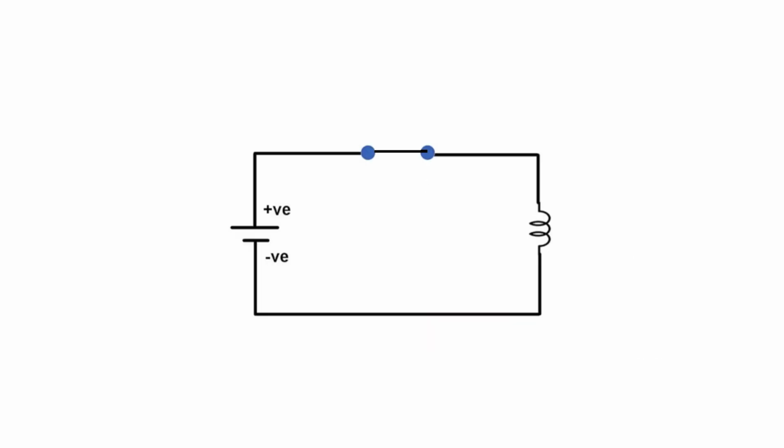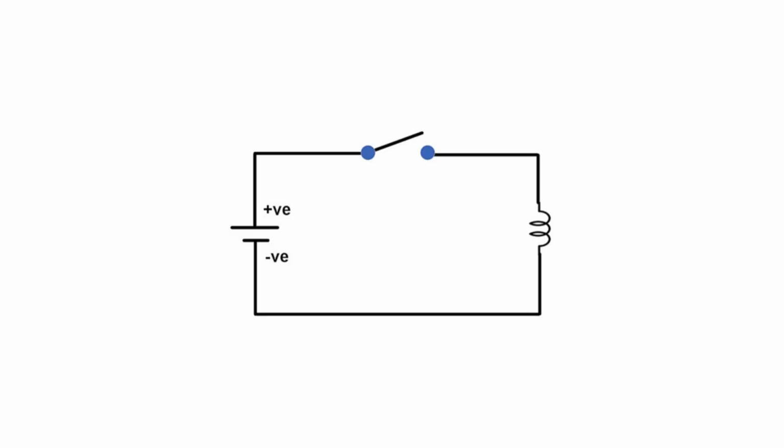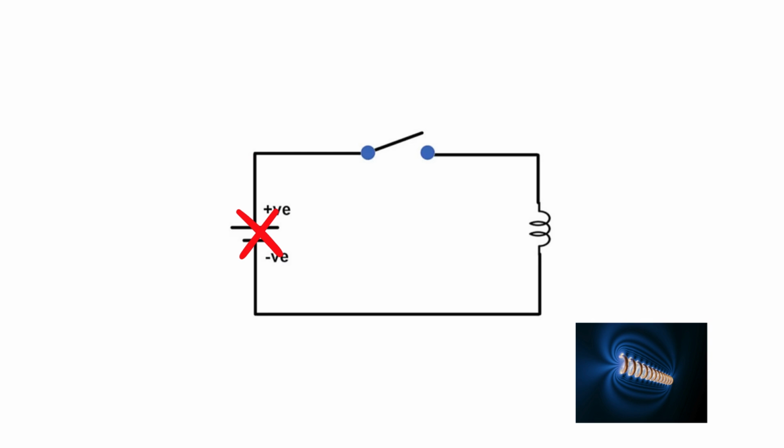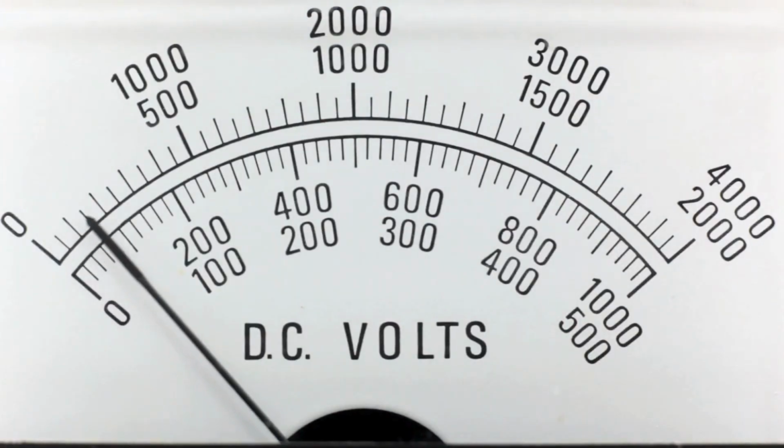When the switch in the previous circuit is opened, current rapidly decreases to 0 since there is no longer a voltage from the battery to drive it. This means that the magnetic field of the inductor also collapses rapidly, again creating a changing magnetic flux in the inductor, thus inducing a voltage in it.